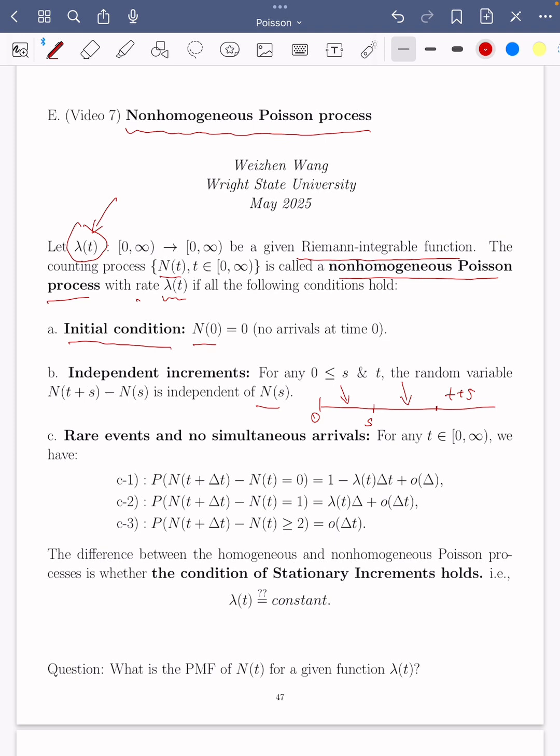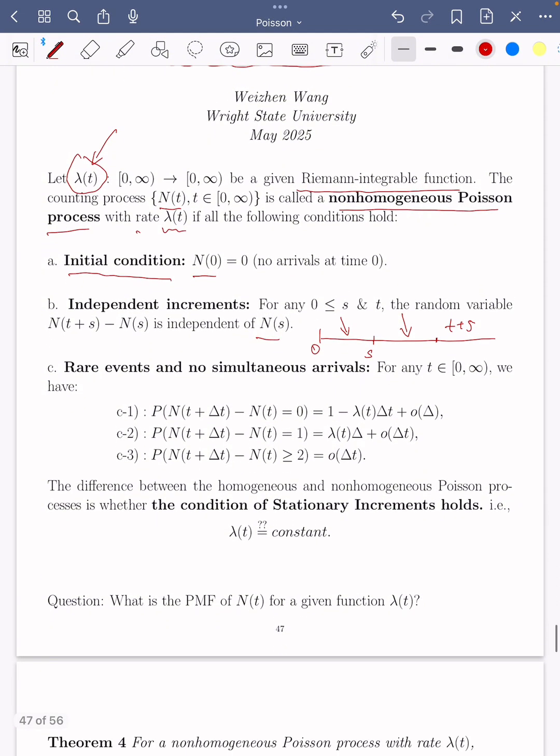And the rare event condition, no simultaneous arrivals, still holds. So now we have three conditions. The probability that N of t plus delta t minus N_t equals 0 is about equal to 1 minus lambda t times delta t, plus little o of delta t.